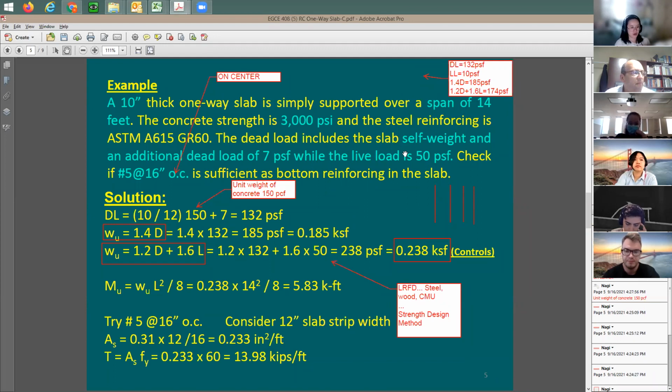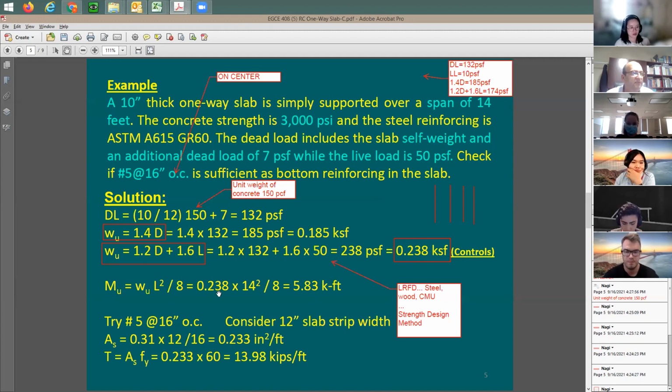All right. You say, okay, here's the design load. I need the design moment. How much is my moment demand on the beam? How much moment you want your beam to support in terms of ultimate factored load, factored moment. Here's the moment equation. It's simply supported, as it says here.